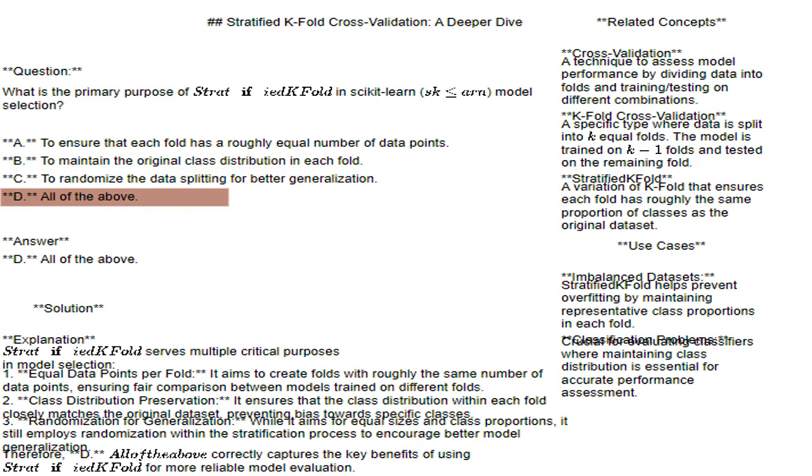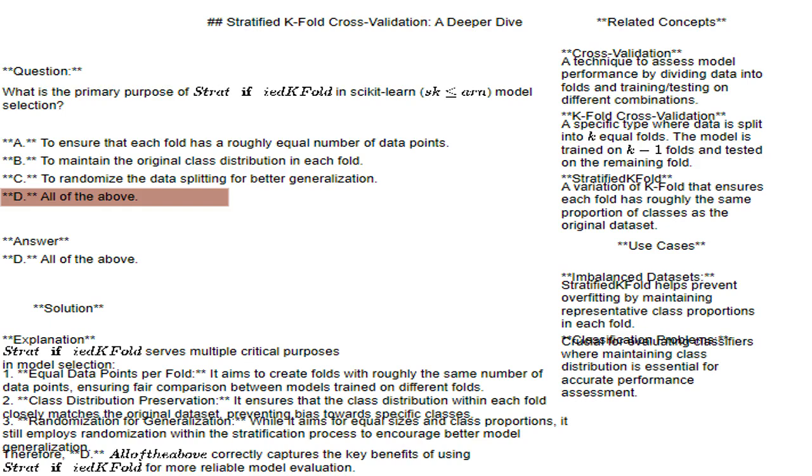K-fold is a specific type of cross-validation where the data is divided into k equal-sized folds. The model is trained on k-1 folds and tested on the remaining fold, rotating the testing fold across the k iterations.